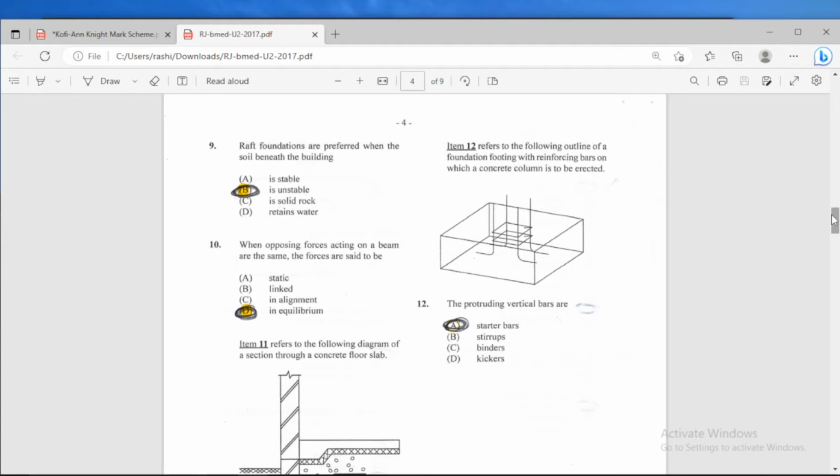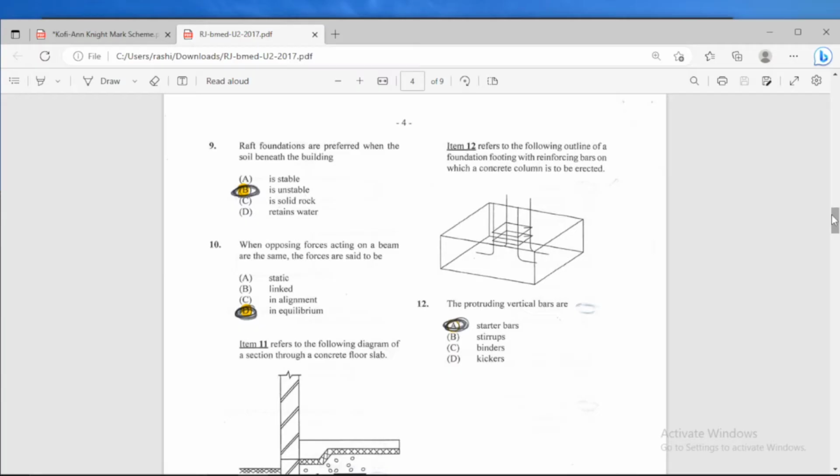But you would want to use piles if it is unstable. If it retains water, you don't need to use piles. You could, but you could just drain the water from the building site, and then there's a number of foundation options you could use. But pile foundations are best to use when a soil type is unstable or has low load bearing capacity.